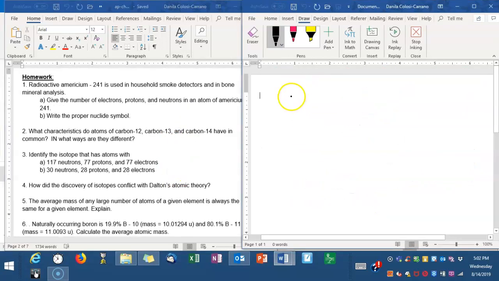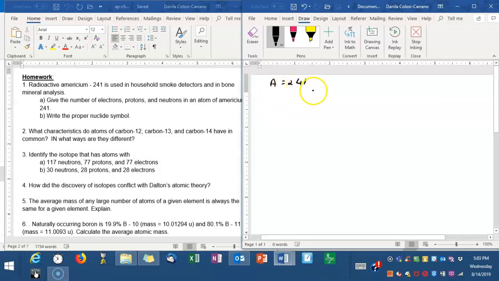Homework. Active americium 241 is used in household smoke detectors and in bone mineral analysis. A. Give the number of electrons, protons, and neutrons in an atom of americium 241. Write the proper nuclide symbol. Okay, so the mass is 241. You see how those questions are very close to what we just said, but obviously if you understood it, you're able to answer those questions as well.